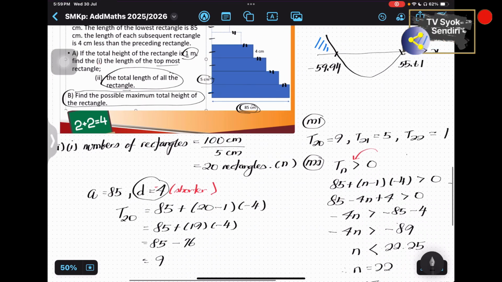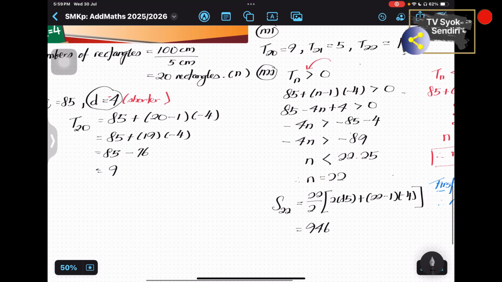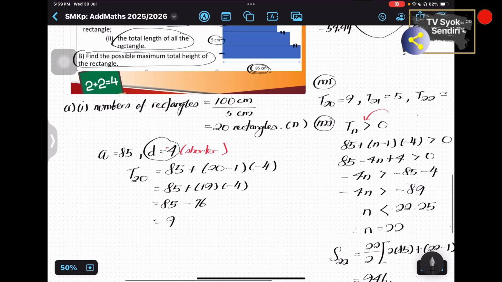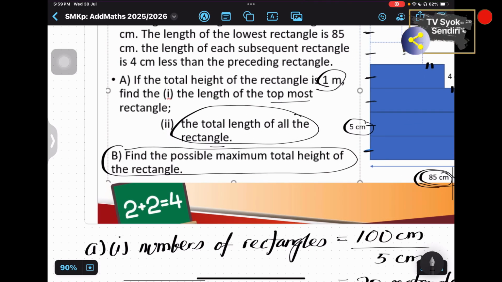Actually, it's not. I'm still looking for S22, so there's nothing wrong with it. Because this is the maximum total height, not the maximum total length. If this were the maximum total length, it would be the same as what I already counted for A2, and then you would be in a dilemma.